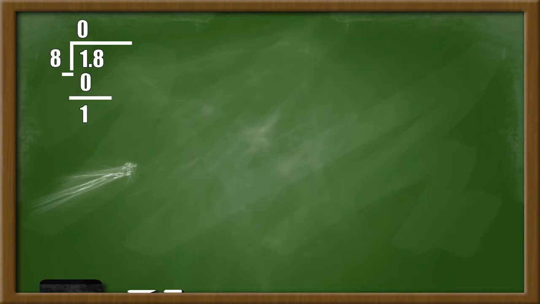Then we will bring down the 8 so that it becomes 18. Then 18 divided by 8 is equal to 2. Very good, because 2 times 8 is equal to 16. But later, we will put the 16. We will put first the decimal point.